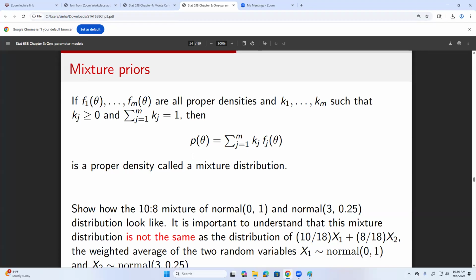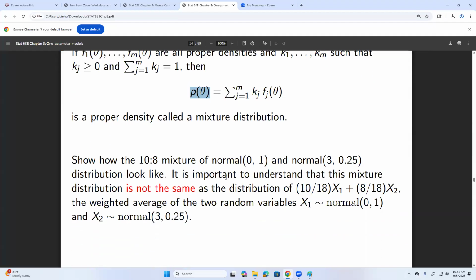Then p theta, the density function, written as the sum of k sub j times fj theta, is a proper density and is called a mixture prior. It is a mixture of several probability density functions, and the mixing weights are K1, K2, up to Km.